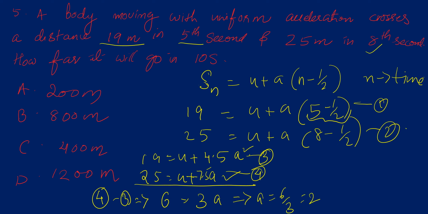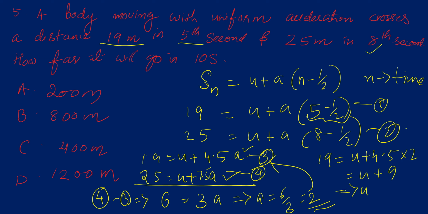We can substitute this value of a in any of the equations. Let us put it in equation 3. So 19 equals u plus 4.5 into 2. So u is 19 minus 9, that is 10. Now we can find out the distance traveled.